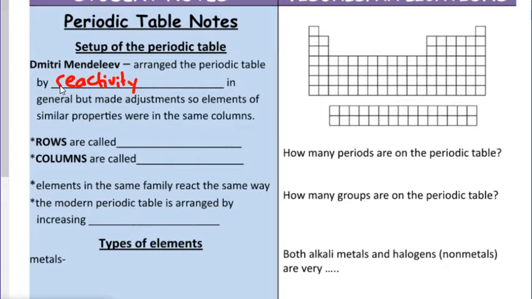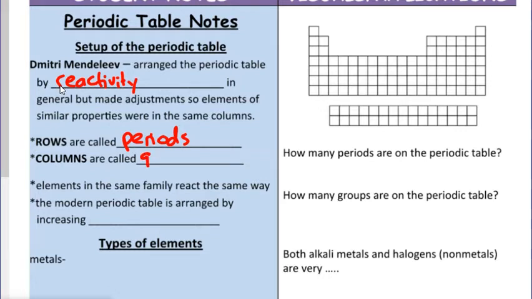Some of the terminology that we regularly use, although sometimes I still refer to them as rows and columns, but the reason that the periodic table gets its namesake is that they referred to the rows as periods, kind of like a period of time. So at the beginning of a period, at the end of a period, there is a certain pattern to the structure of those elements.